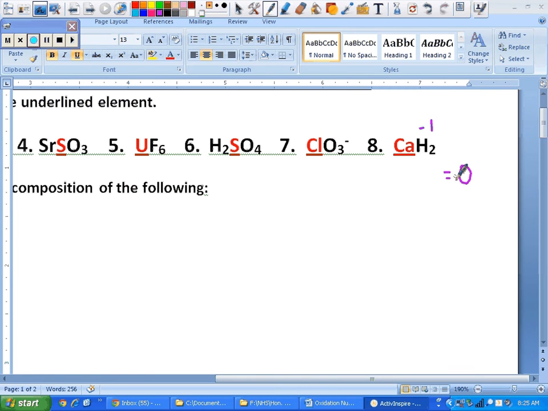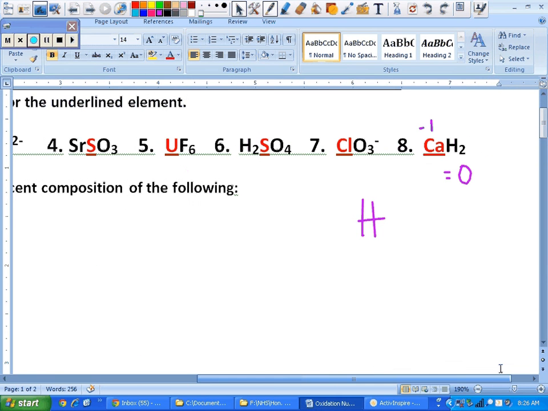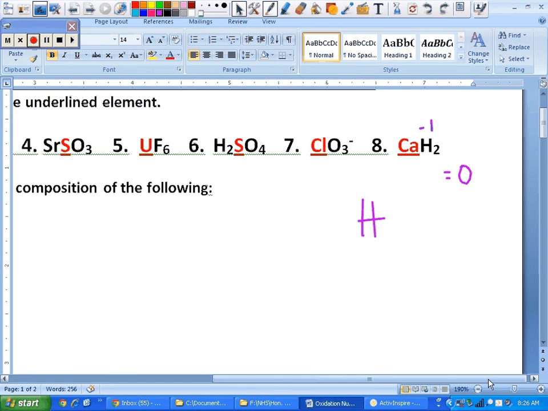So hydrogen. Mr. Richard? So hydrogen, again, in this case, is going to equal a -1 because it's with a metal.